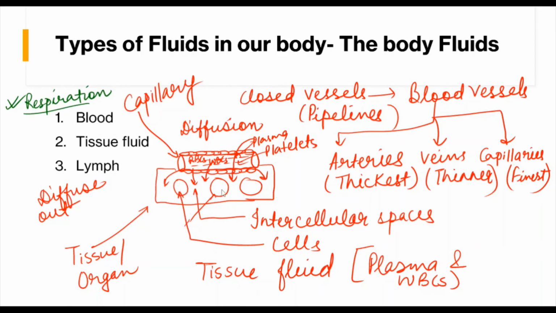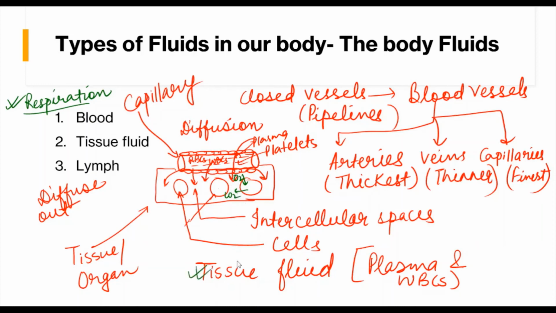Now when these cells will do respiration, what will they take? They will take oxygen gas. And when they complete respiration, what will they release? They all will release carbon dioxide. Where will they release this CO2? Into the intercellular spaces. What is filled in these intercellular spaces?